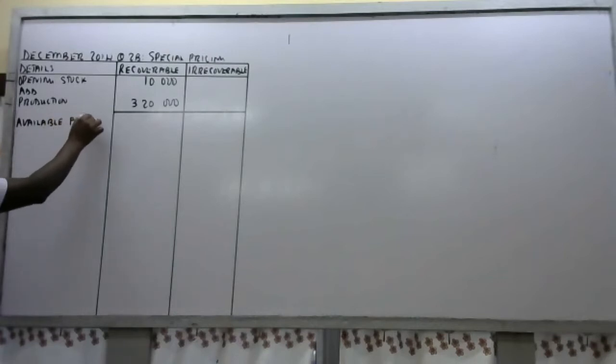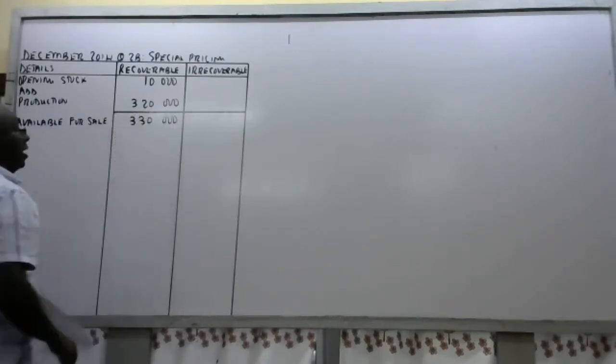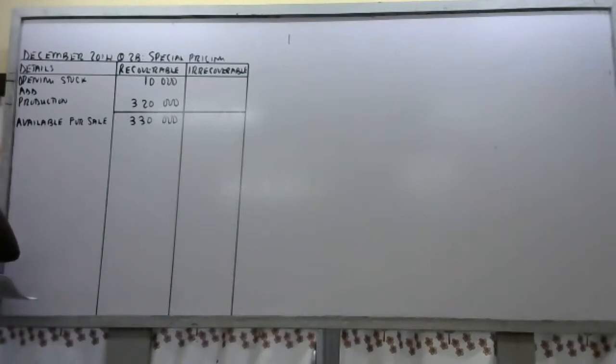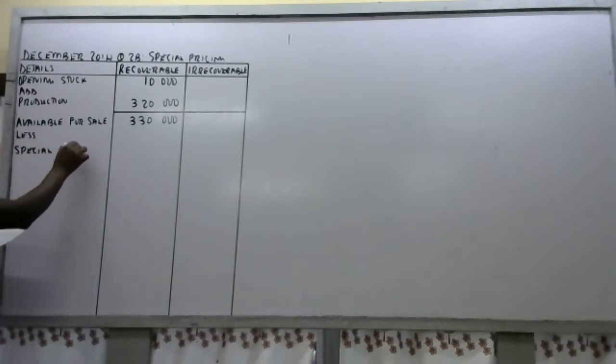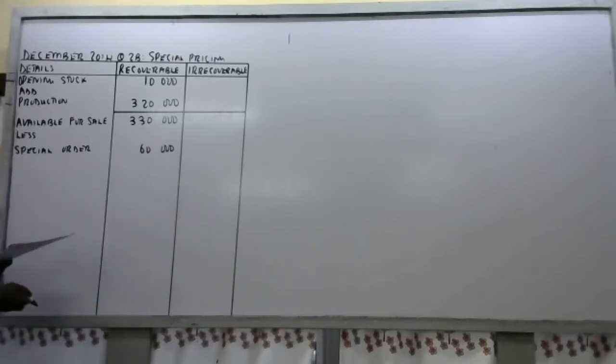So the available for sale is 330,000. Then you less special order. Special order is 60,000.